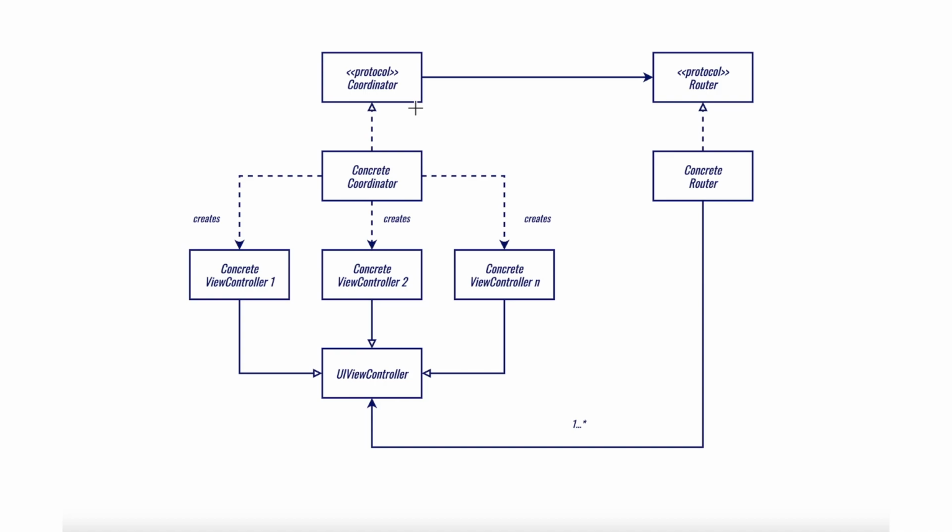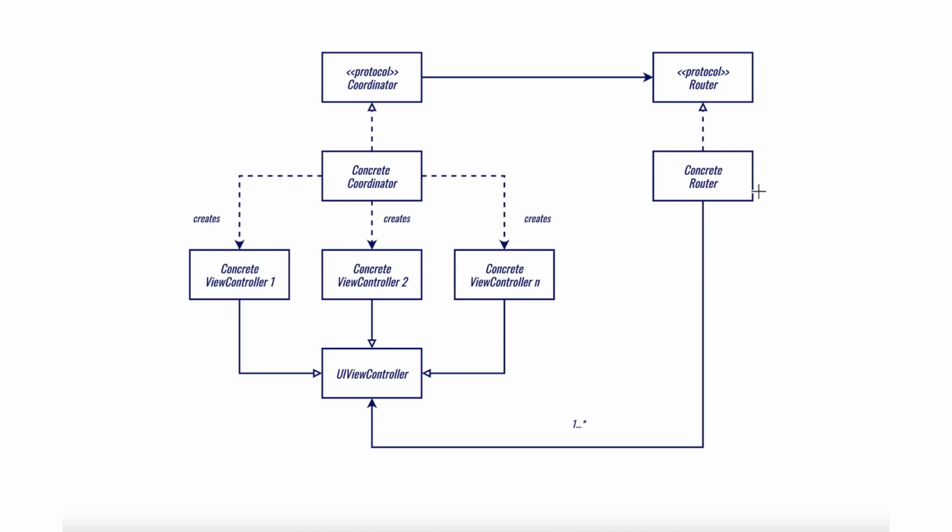The coordinator protocol defines the common functionality or the blueprint for all the coordinators in your application. Similarly, the router protocol defines the blueprint for all the routers in your application. The concrete coordinator is the class that conforms to the coordinator protocol and controls all the navigation flow of your application.